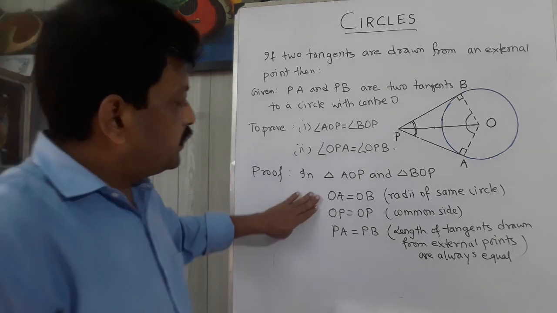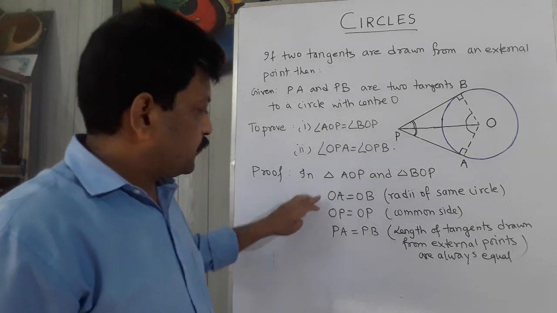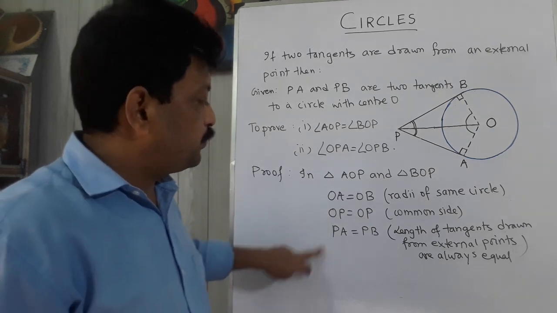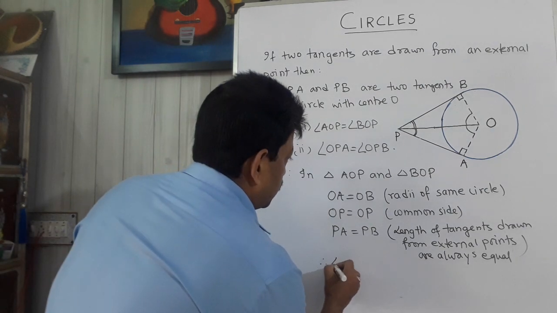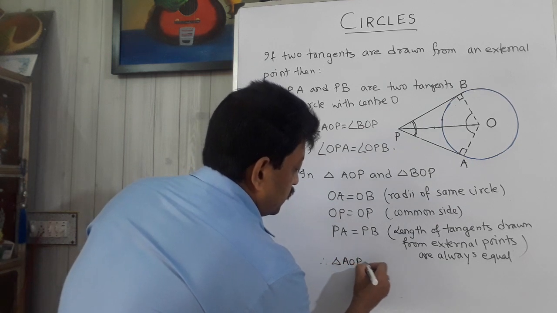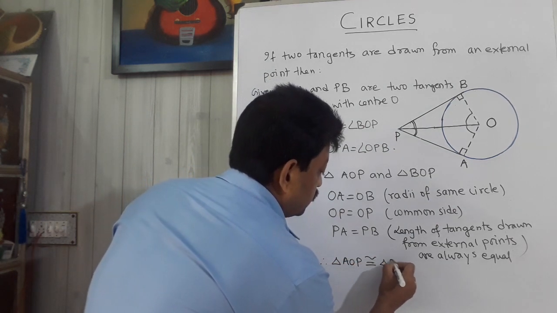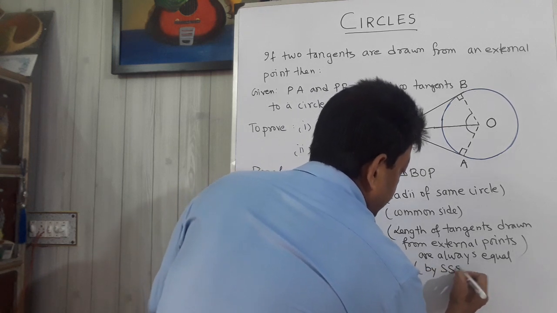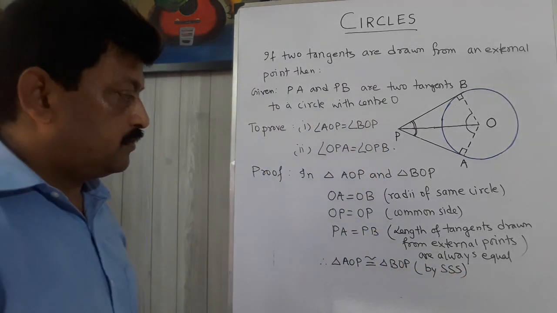So all three sides of both triangles are equal: OA equals OB, OP equals OP, and PA equals PB. Therefore, we can say that triangle AOP is congruent to triangle BOP by the SSS criterion.